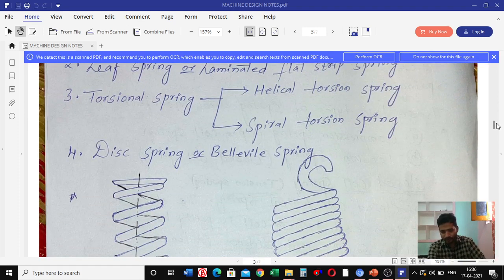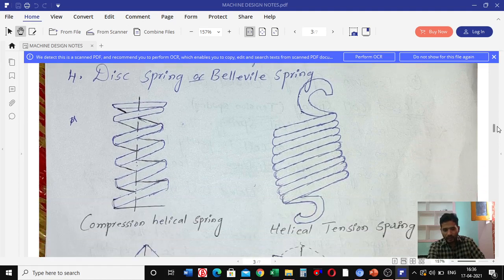This is a compression helical spring, and this is a tension helical spring. I told you these helical springs are made in such a way that the spring wire is wound around the imaginary cylinder or cone in the form of helix shape.